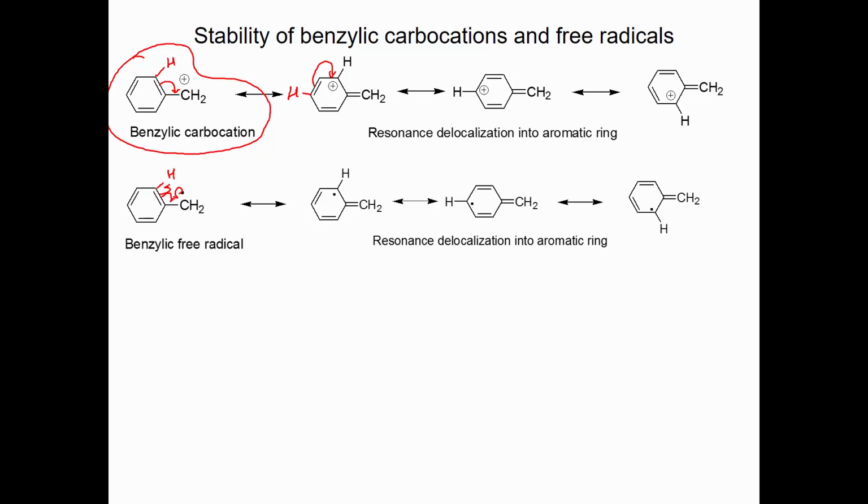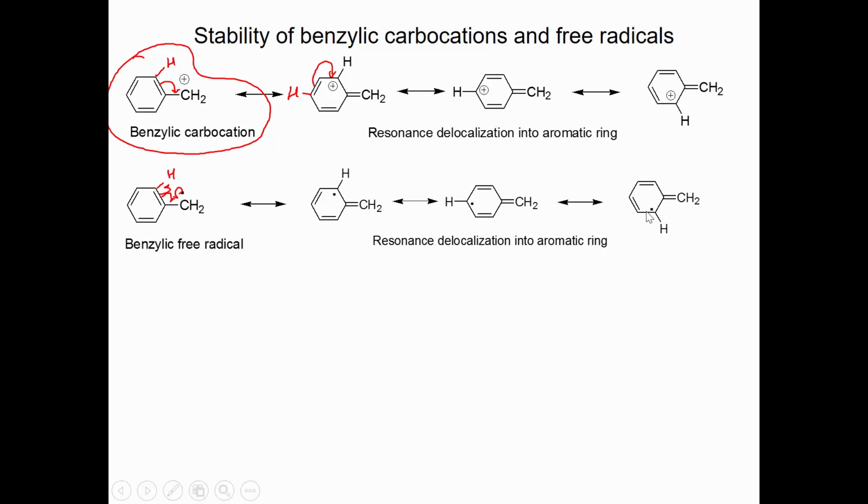Okay, and what we see now is that our radical is now delocalized to the ortho position. We can continue doing similar resonance structures. We get it at the para position here and at the other ortho position here. Okay, so we delocalize the spin into the ortho and para positions, or the unpaired electron is delocalized into the ortho and para positions.